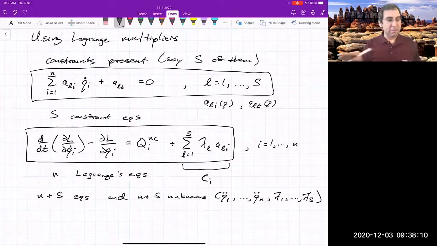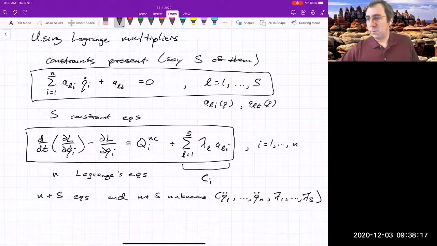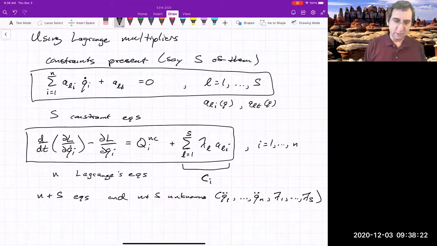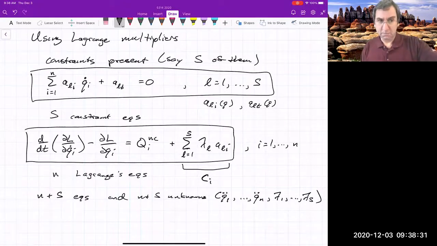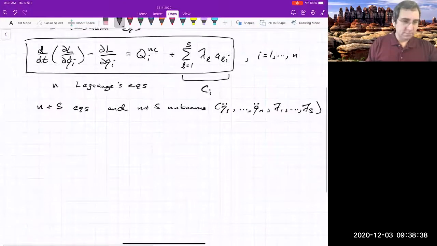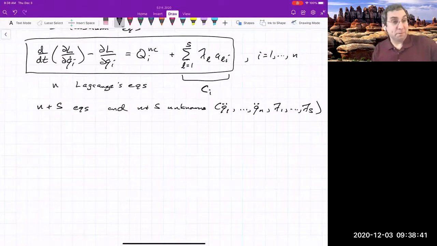But if you don't care, and you just want to get the dynamical equations, you just want to know what the motion looks like, a more and more popular method is this thing called quasi-velocities, and the dynamical equations associated with it are sometimes called Kane's method, developed by, I think, a Stanford professor named Kane, not too long ago in the history of mechanics, like the 1960s. So there's still innovation happening, even in classical mechanics.